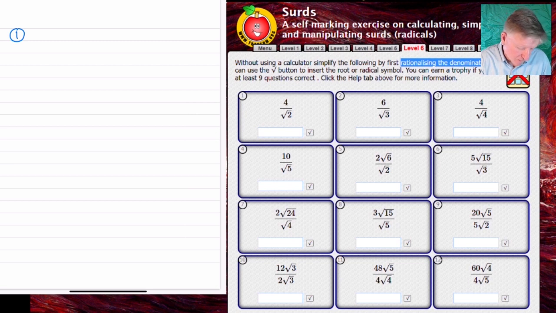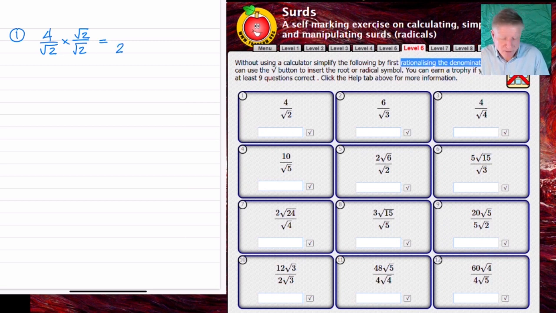Question number 1. We've got 4 over root 2. Now if I multiply top and bottom of the fraction by the same thing, the numerator and the denominator by the same factor, the value of the fraction remains unchanged. So I can multiply top and bottom by the square root of 2. Now watch what happens. The denominator, root 2 multiplied by root 2, is just 2.